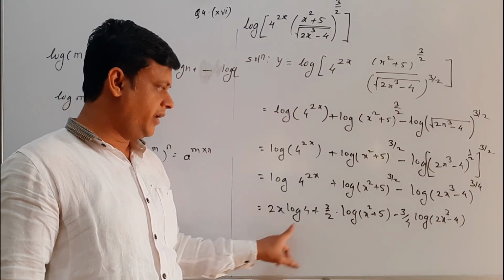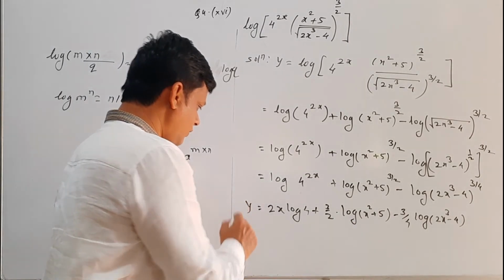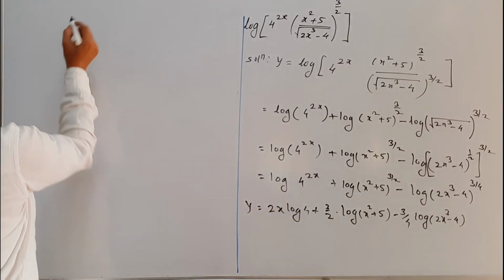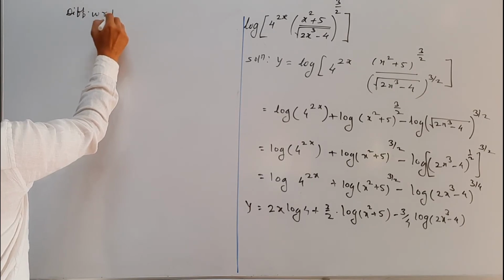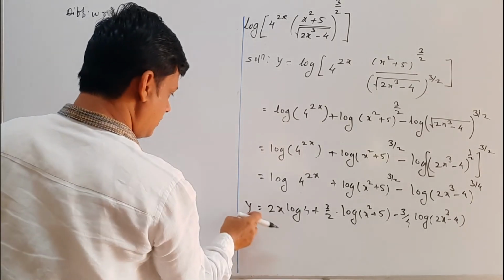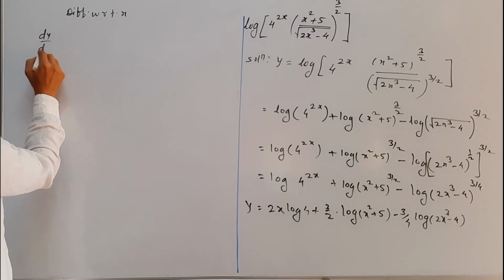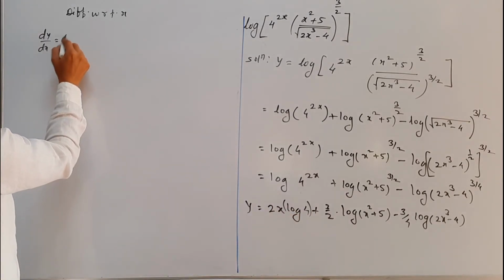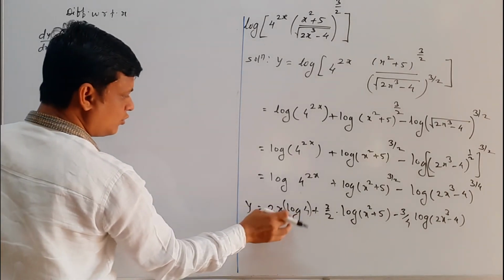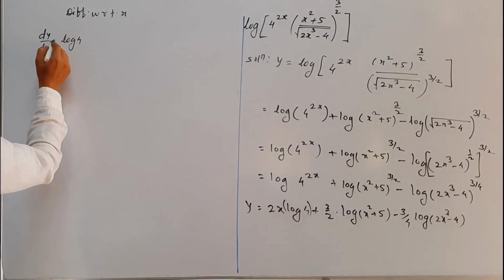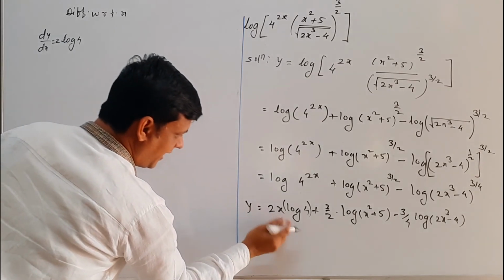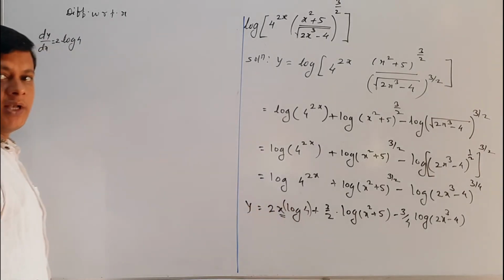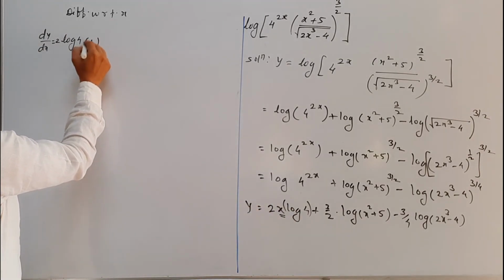Here we differentiate this function y, so we differentiate with respect to x. Now the derivative of y is dy by dx. Log 4 is constant, so we write log 4 as it is, and with 2x, 2 is also constant, so we write 2 log 4, and we have to find the derivative of x only, because 2 log 4 is a constant with variable x, so the derivative of x with respect to x is 1.